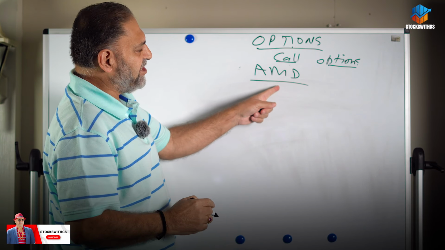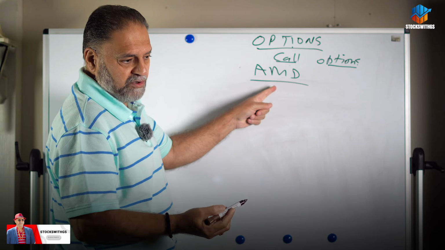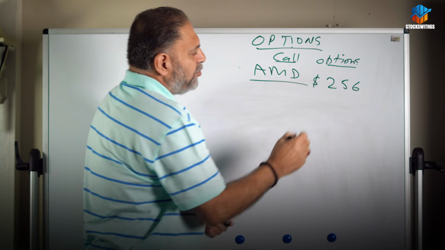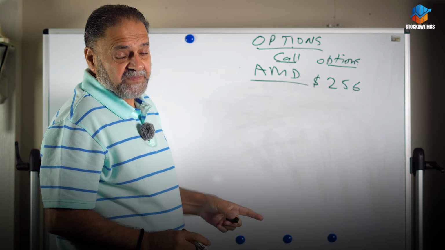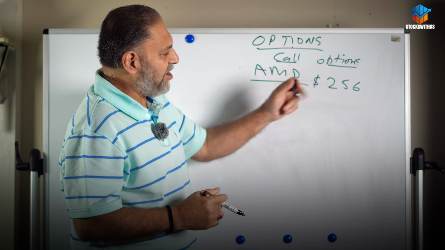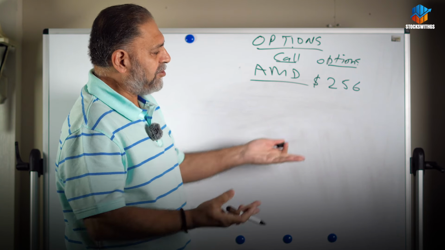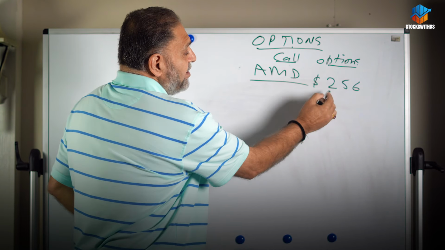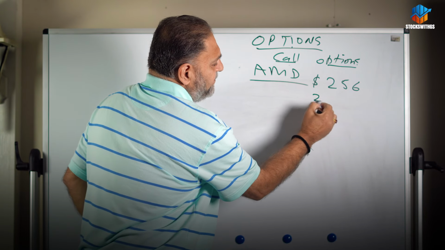You have 100 shares of AMD in your account. Today's price was $256. You bought this stock for $200, suppose, for example, or $225 or whatever price. Even if you buy at $256, doesn't matter. Your investment is $25,600, right?